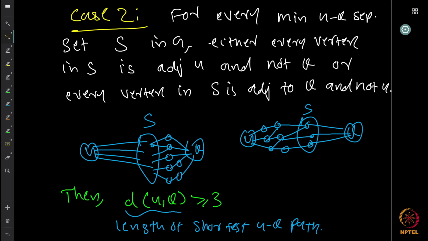So we will assume that every minimum UV separating set has the property that all its vertices are either adjacent to U but none are adjacent to V, or all the vertices are adjacent to V and none of them are adjacent to U. This is the second case. Maybe this doesn't happen, but suppose one of these cases happens.